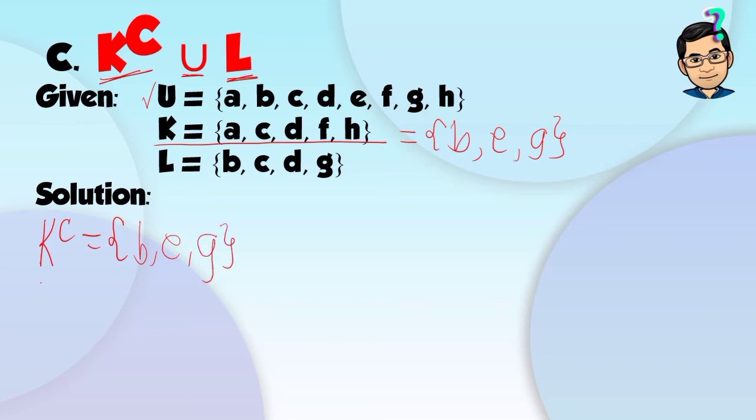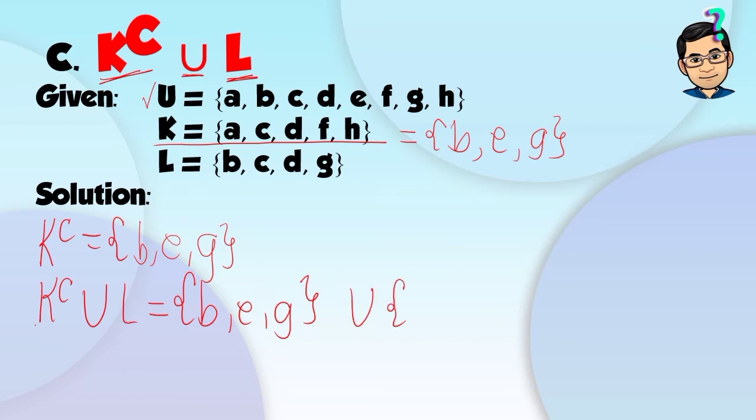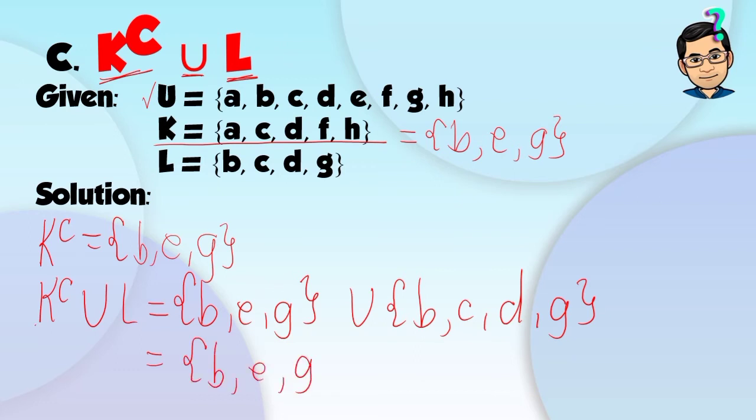Next, K complement union L. Again, sulat natin yung mga elements ng K complement. B, E, and G. Union, the elements of L. B, C, D, G. So, may mga common elements yung dalawang set na yan, B tsaka G. So, final answer will be B, E, G, C, D. Okay.